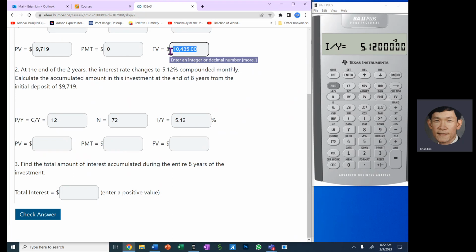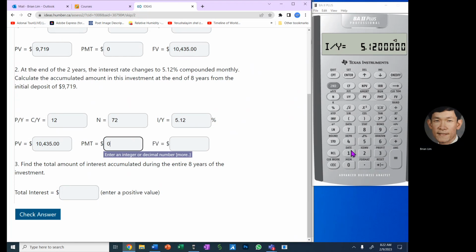It'll become the present value for this part here. Okay, and the payment is still 0 because there are no periodic payments. It's just that the money is moving. And so the money is still there. It's just sitting there and no more is deposited. It's just earning interest, or you can say growing.